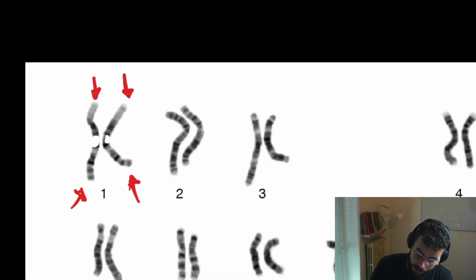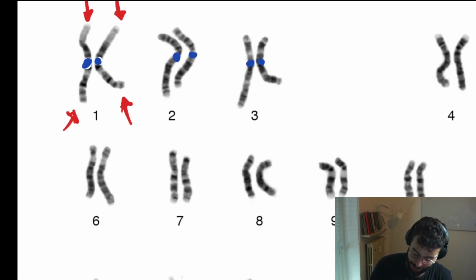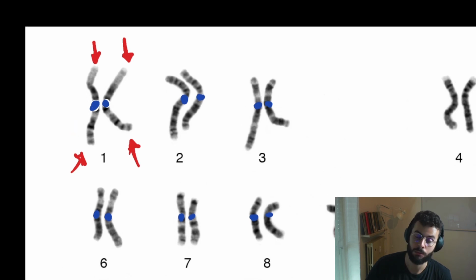So over here, we still have 46 chromosomes because we still have 46 centromeres. However, here, each chromosome is composed of a single DNA molecule. 1 for the maternal and 1 for the paternal.